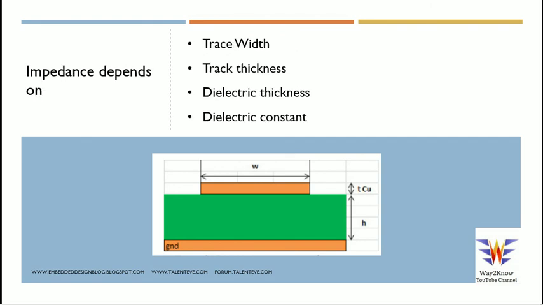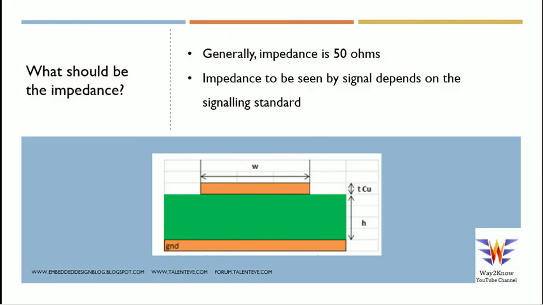Now, what should be the impedance? Impedance generally is 50 ohms everywhere. That has been there from the coaxial cable concept, and impedance is commonly used as 50 ohms, but it is based on the signaling standard.